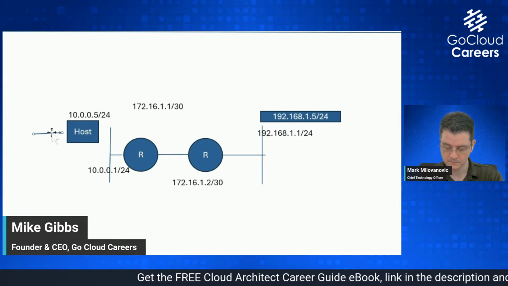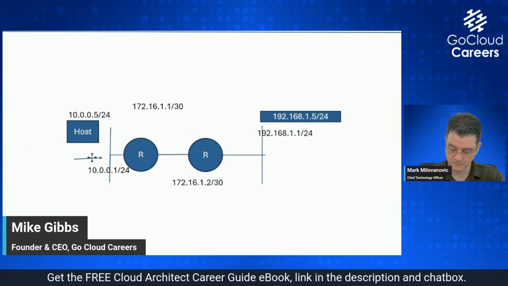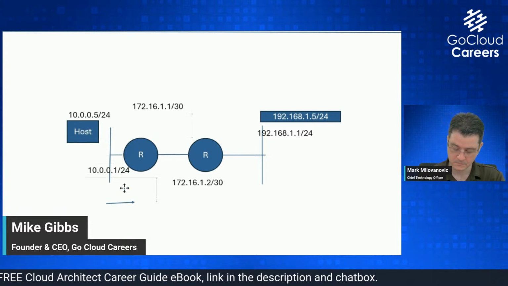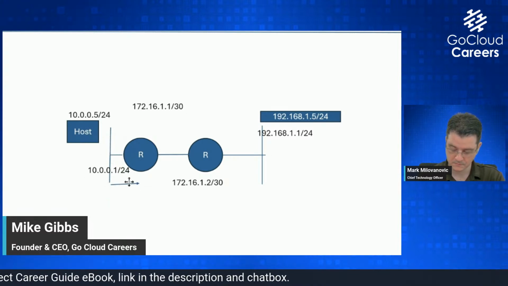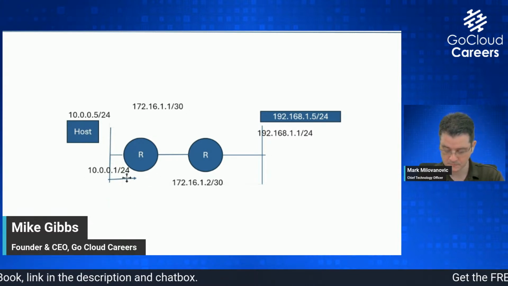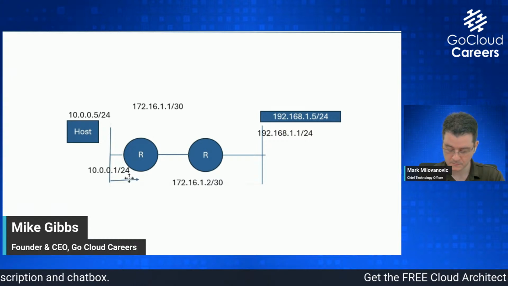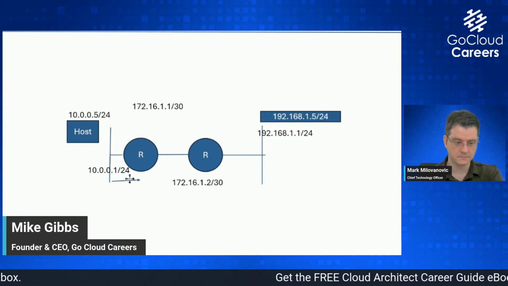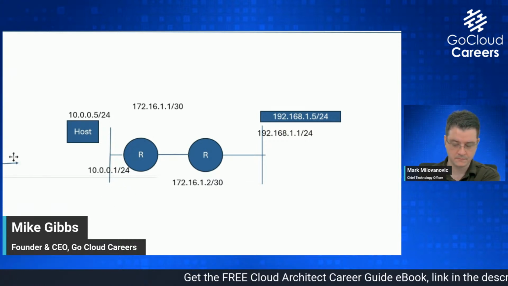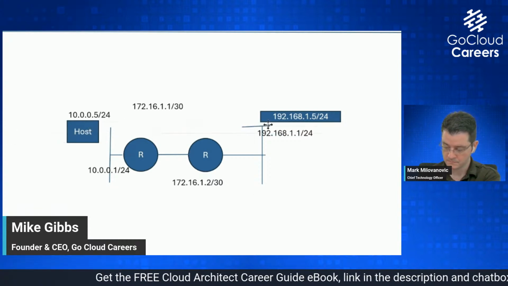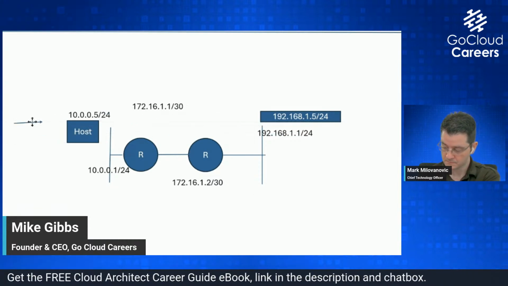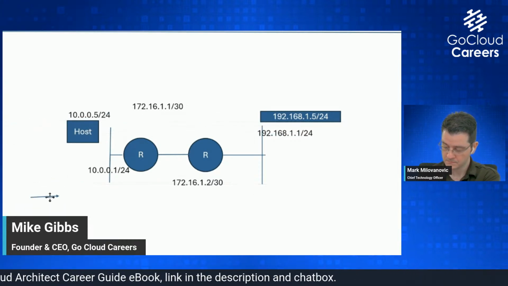And typically, the router will proxy ARP and respond. Now the packet, let's assume it makes it to this router. This router will look in its routing table and say, do I have a route to 192.168.1.0/24? And if not, the packet gets discarded. So the host can never reach the actual server because there's no route in the routing table.